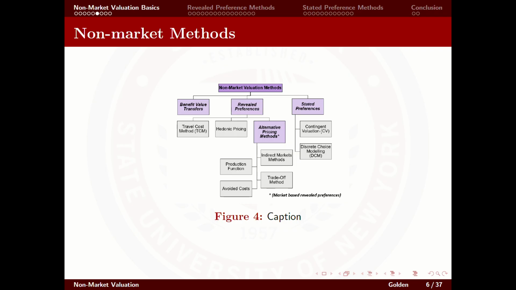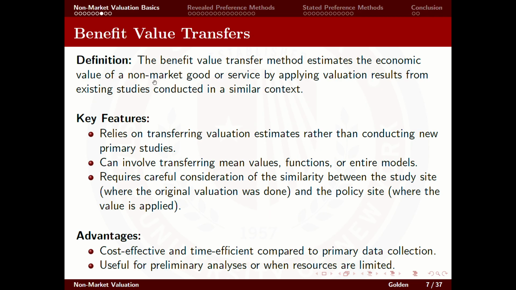You ask people questions to get how much they value the resource. And discrete choice modeling, which we'll talk about a lot today, which is using market-based revealed preferences or stated values to solve statistically for the value of willingness to pay.